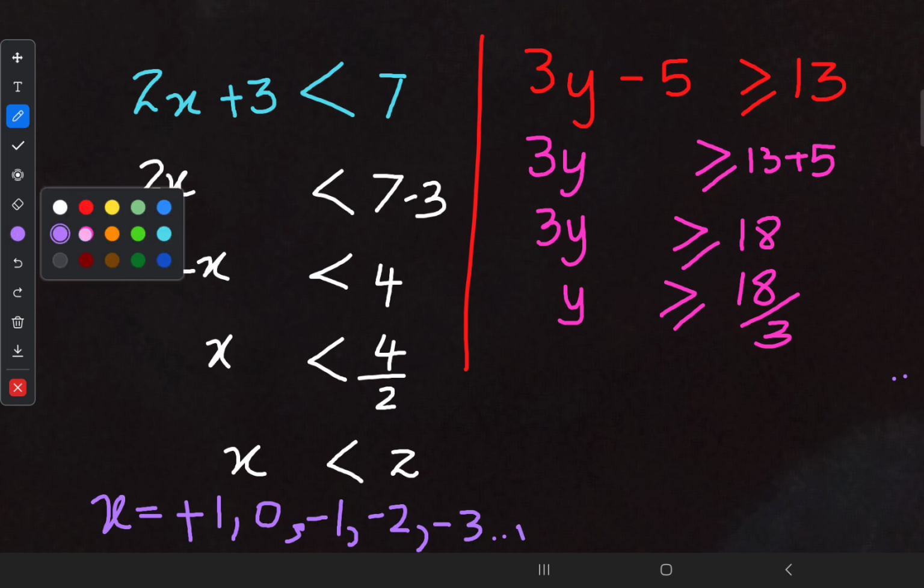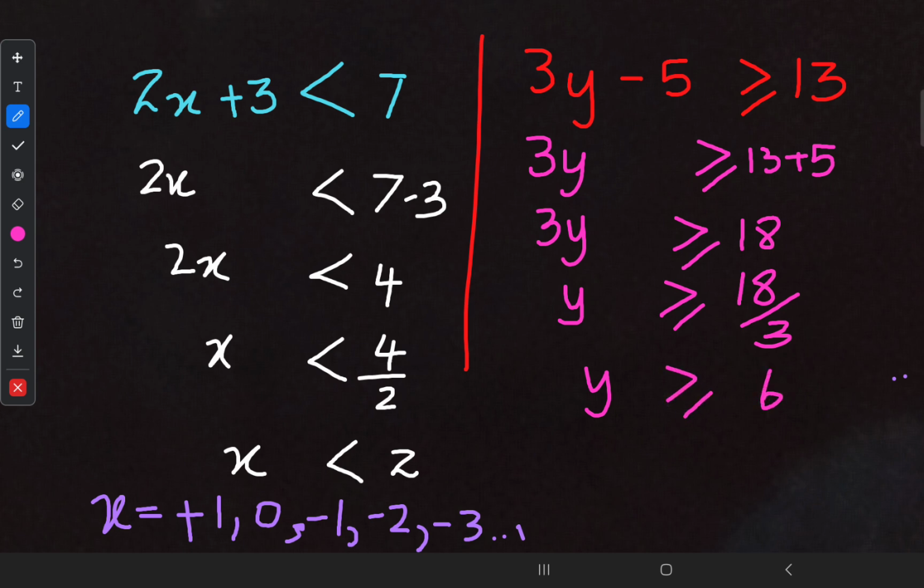When we deal with our next question, y ≥ 6, what does it mean? Looking at this, we can understand that y can hold the values greater than 6, because the pointed side indicates 6 and the open side indicates y.